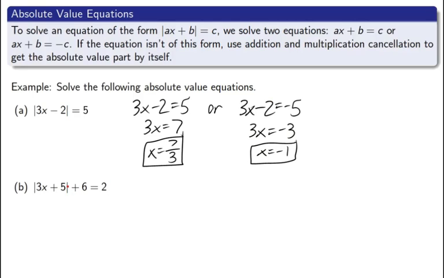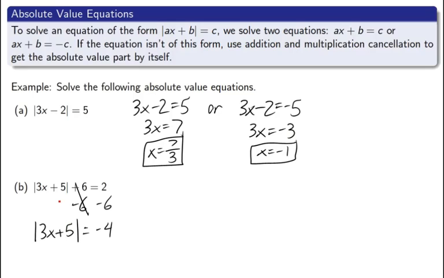The absolute value is not by itself. So what we need to do is subtract 6 from both sides first to get the absolute value by itself. Something is strange here. Normally it starts out positive and I say, well, let me do the positive one and the negative one. If you try to be too hasty on using the rules, you might mess this one up.